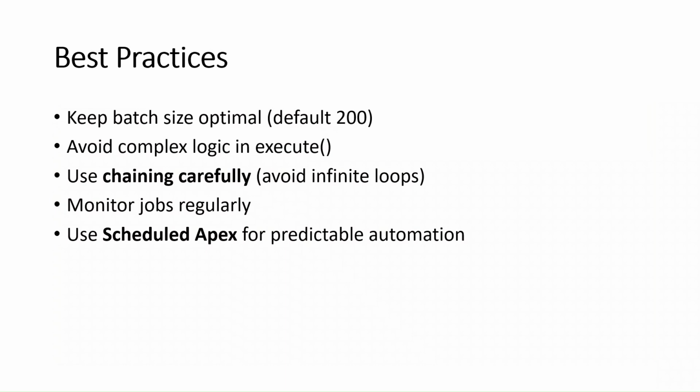If you have to use chaining, we have to use it carefully in any method, because it might become infinite, so we have to avoid that. We can use chaining carefully. And as a best practice, we have to monitor the jobs regularly. And we can use scheduled Apex for predictable automation.